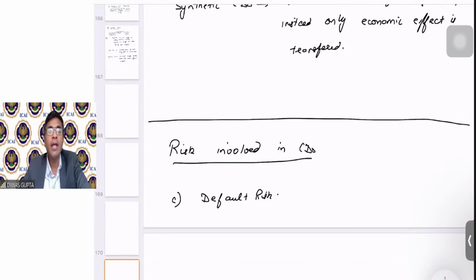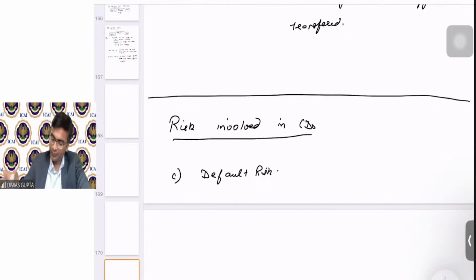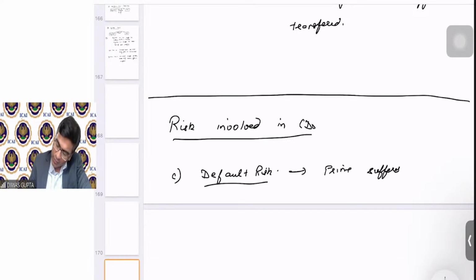Now, if the borrower of the underlying is not paying, then there will be a default. And in that case the prime sufferers will be whom? The equity people, correct?